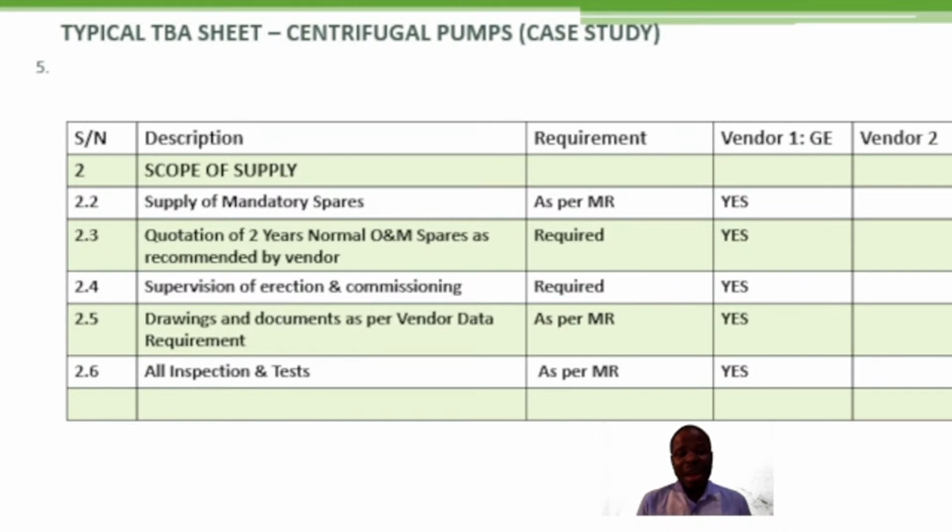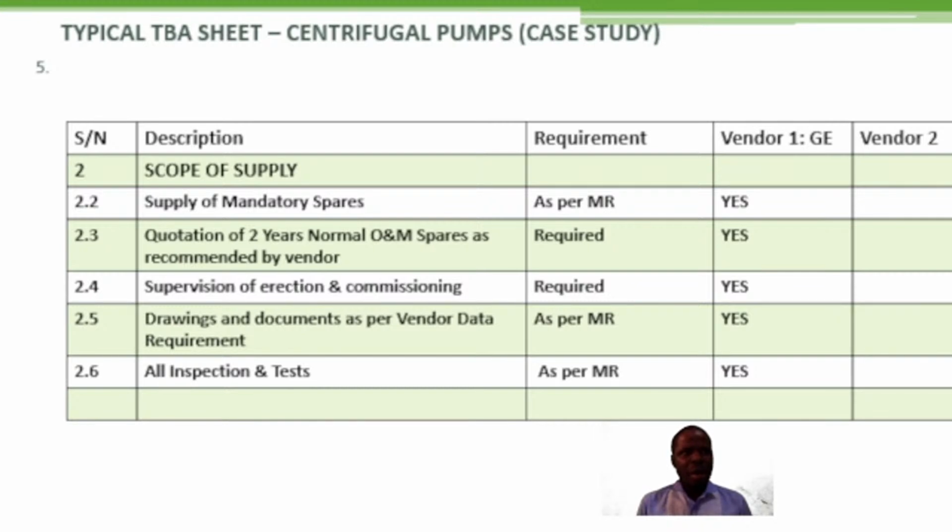If it is not in the vendor bid, you will indicate on your technical bid analysis sheet, because this is a pointer. Don't forget, what you are doing is you are trying to evaluate the several vendors. You are trying to evaluate the bids that have been supplied to you by different vendors.